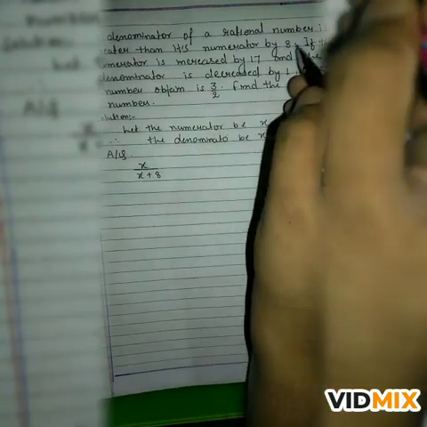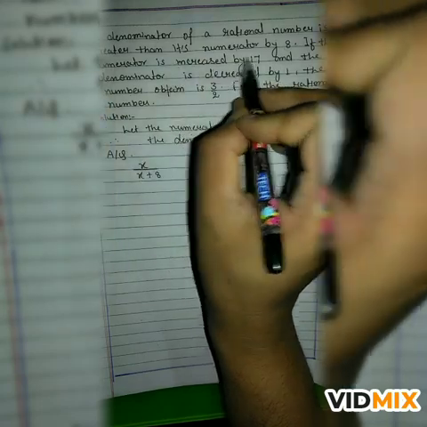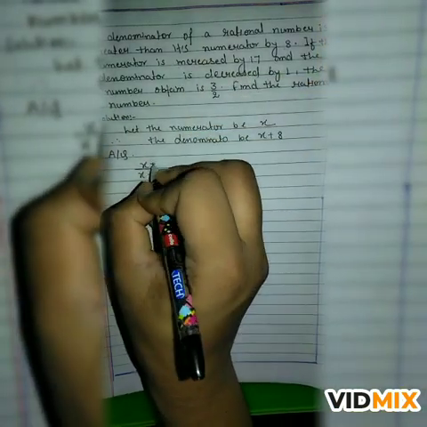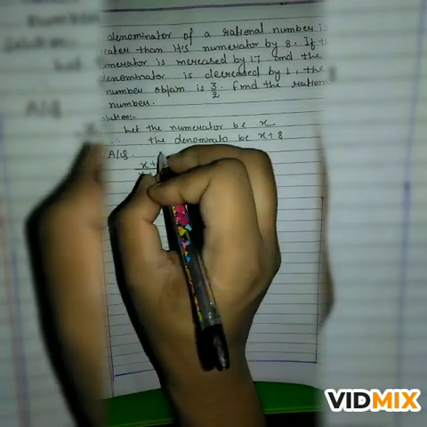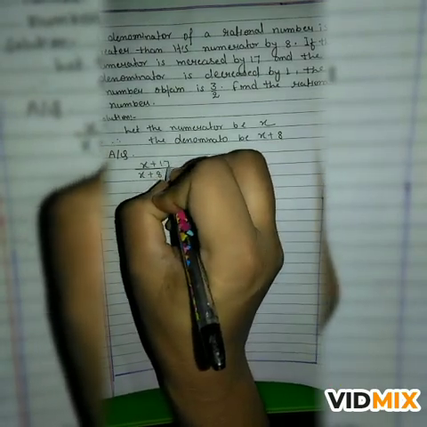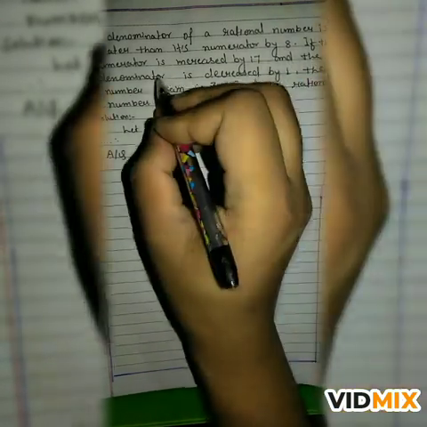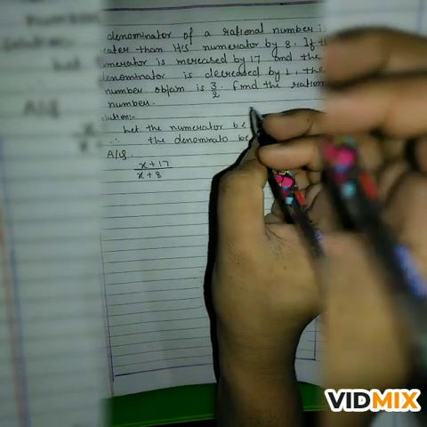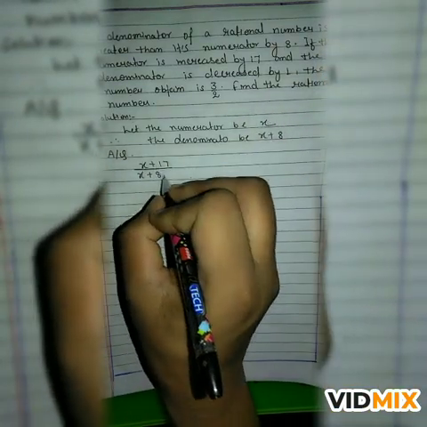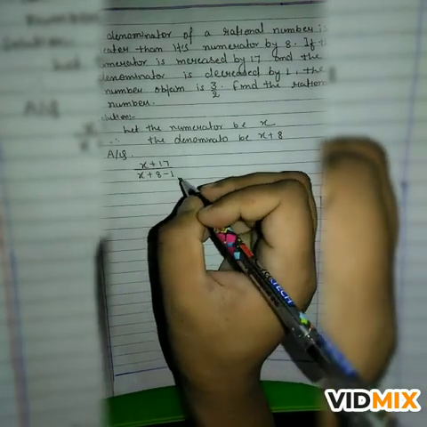Now look at the question. If the numerator is increased by 17, x is the numerator, so it is increased by 17, means we have to add 17 to the numerator, and the denominator is decreased by 1. Decrease means minus, so subtract 1 here.